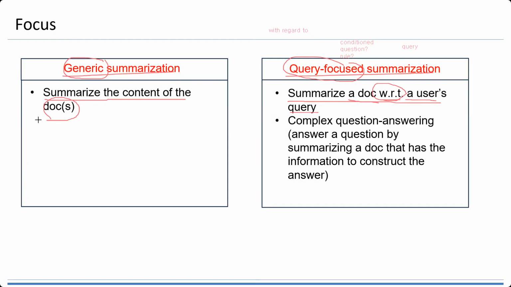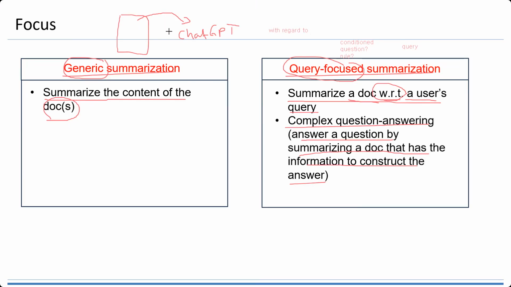And there will be complex question answering, such as answering a question by summarizing a document that has the information to construct the answer. If you, for example, go to ChatGPT and put a document into ChatGPT, it can make a summary of this document.